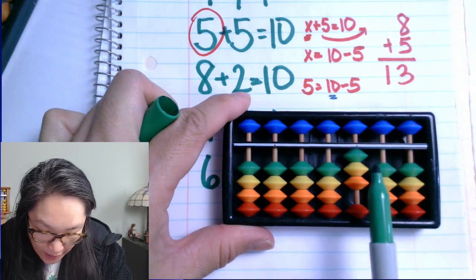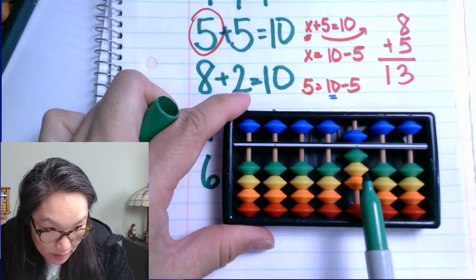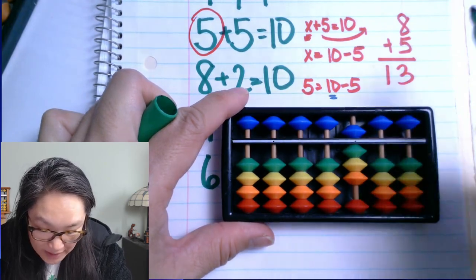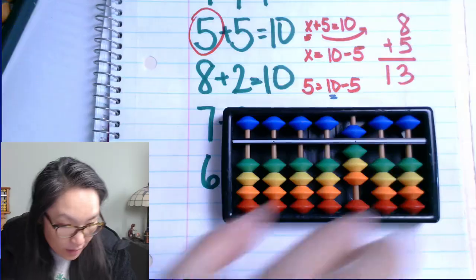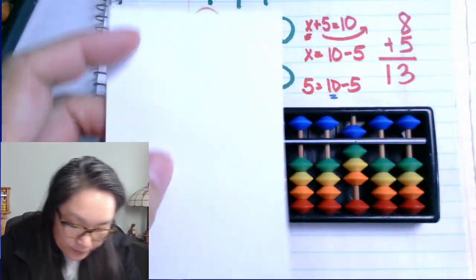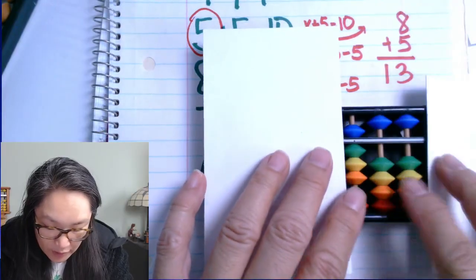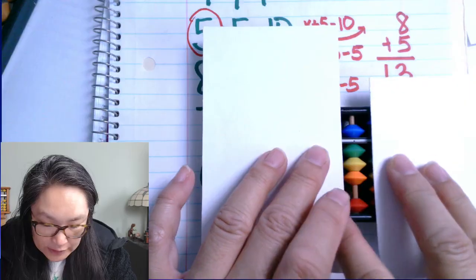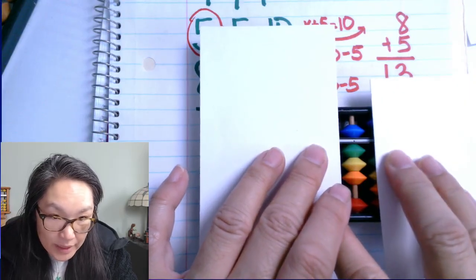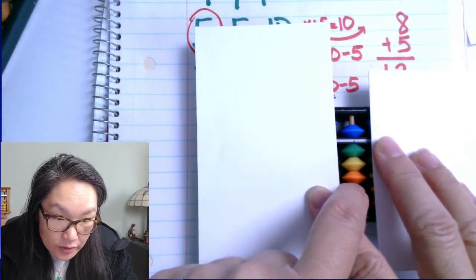So we have 8, and we need to plus the 5. Notice, I don't have any more beads to plus the 5. Do you see that? There's no beads to add the 5. If I cannot add the 5, what do I do?